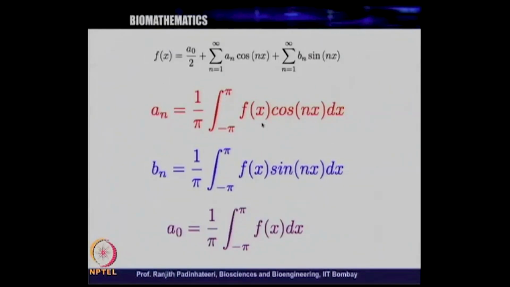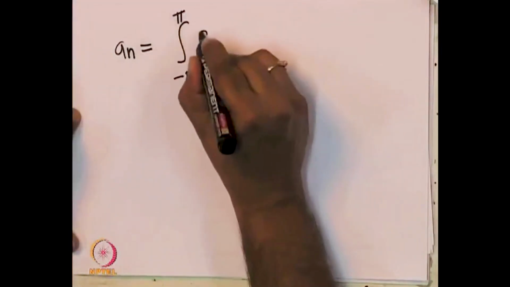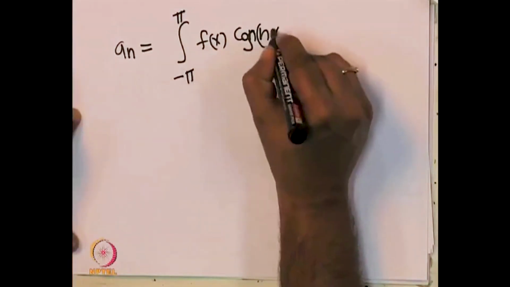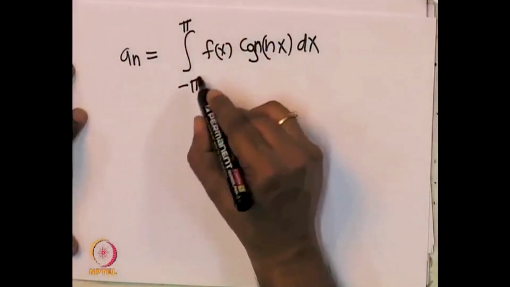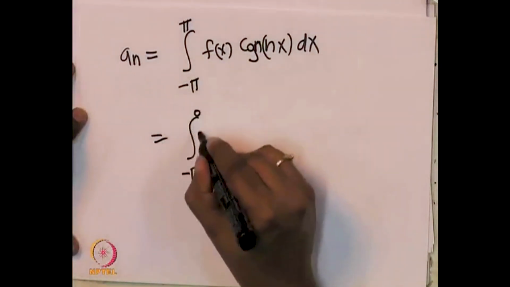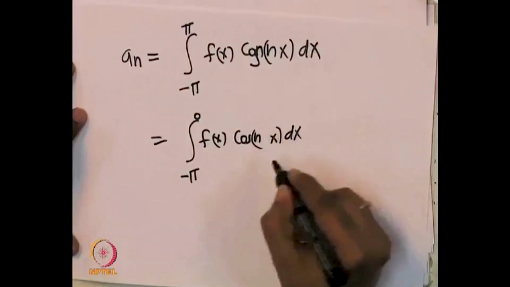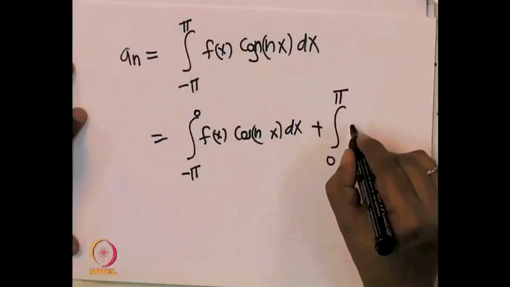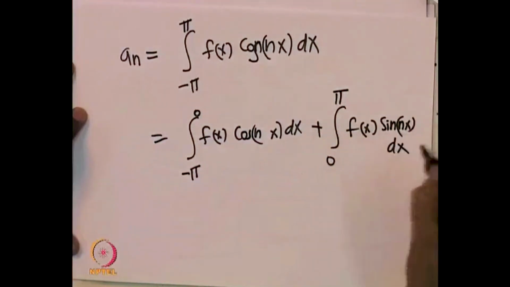But f of x is 0 between some limits. So, I can write this in two parts: first, minus pi to 0 of f of x cos n x dx, plus 0 to pi of f of x sin n x dx.